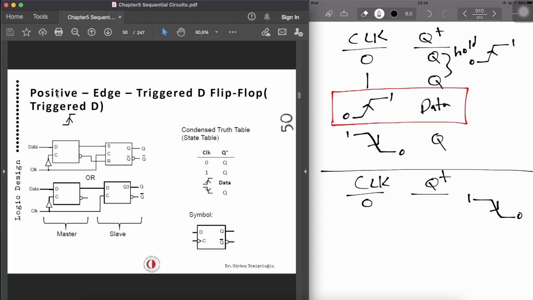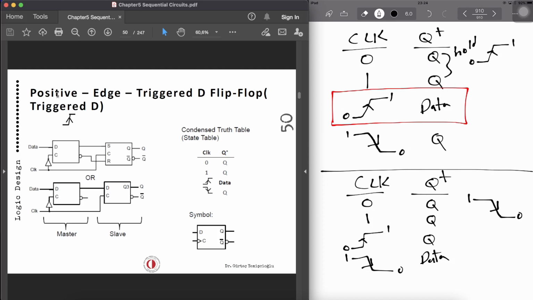Now when the clock is 0, nothing will happen. When the clock is 1, nothing will happen. On the rising edge, nothing will happen. But on the falling edge, the output is going to follow the data input. Okay, and that's known as a negative edge triggered flip-flop.